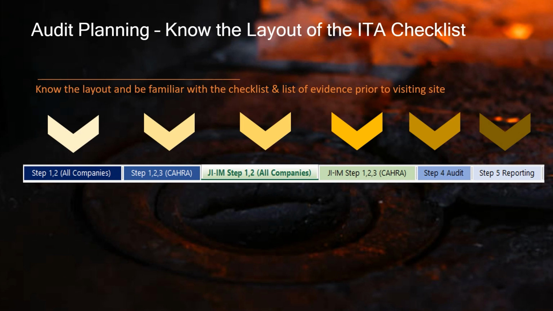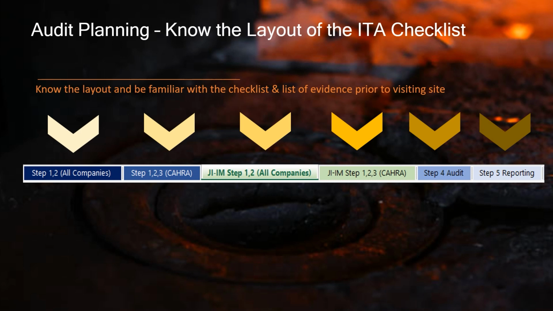It is mandatory, and it does enable some preparation prior to going on site, and it also enables the auditor to get some information down on the ITA checklist for verification on site. For example, recording the CAHRA red flag procedure or processes, planning to interview staff to corroborate the process and record that.